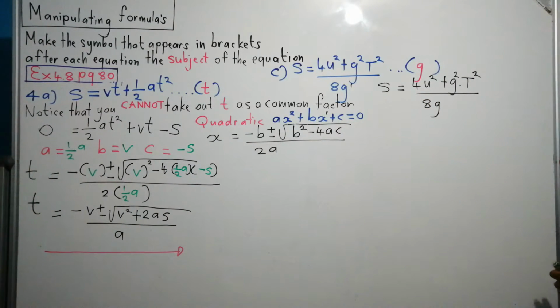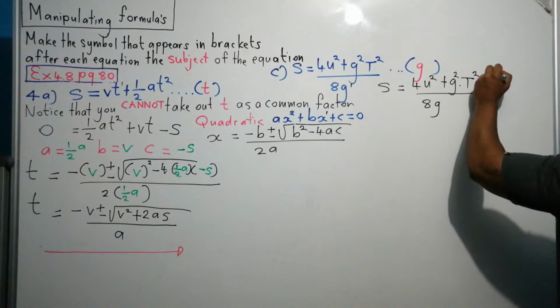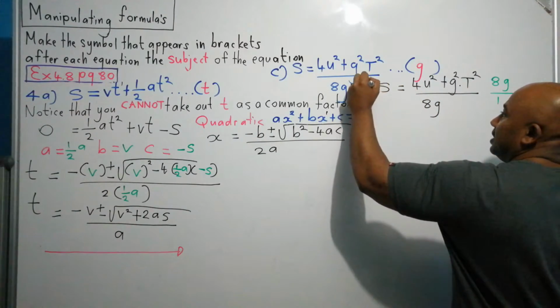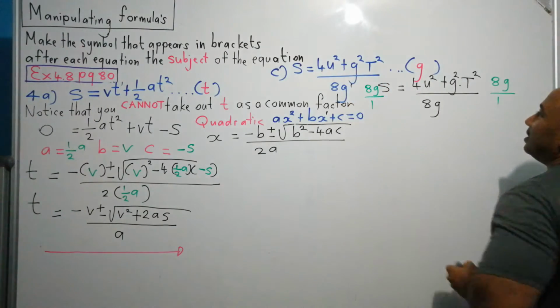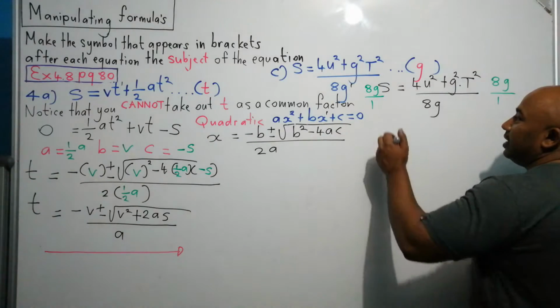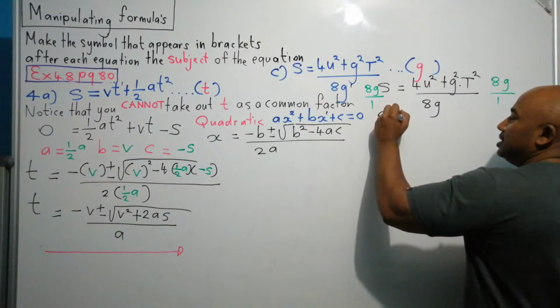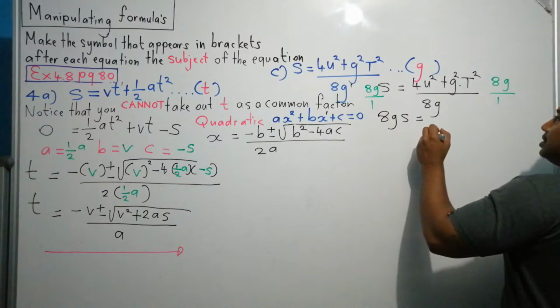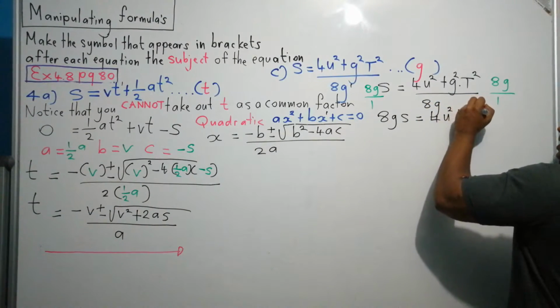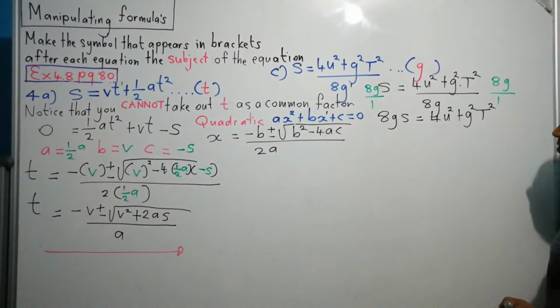So I don't want the fraction, I'm going to multiply by 8g over 1 on the right. So it will be 8g over 1 on the left hand side. So therefore, we now have 8gs is equal to 4u squared plus g squared t squared.